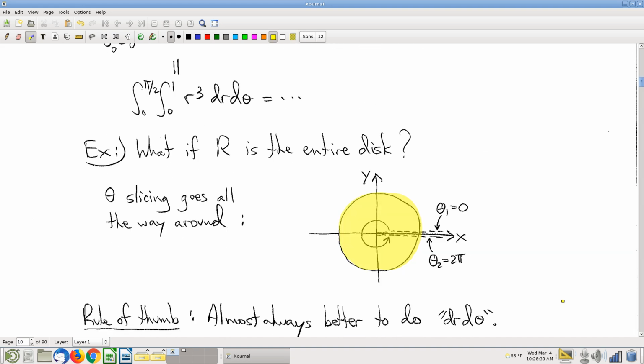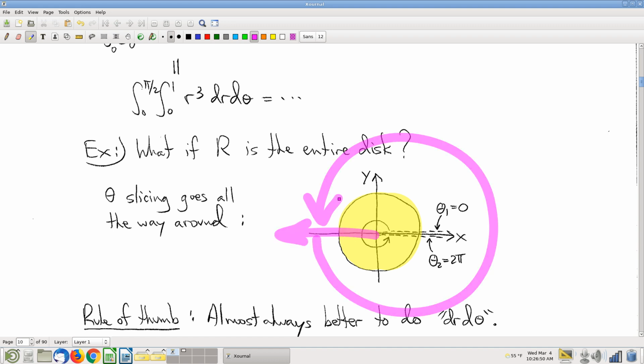Here, where do you start? Right? This is actually not a bad thing. This is arguably a good thing. There's a flexibility. The confusion comes from the fact that you could start anywhere, right? If you really want to, one thing you could do is start at negative pi and think of theta as going all the way around and ending at positive pi. I suppose you could do that.